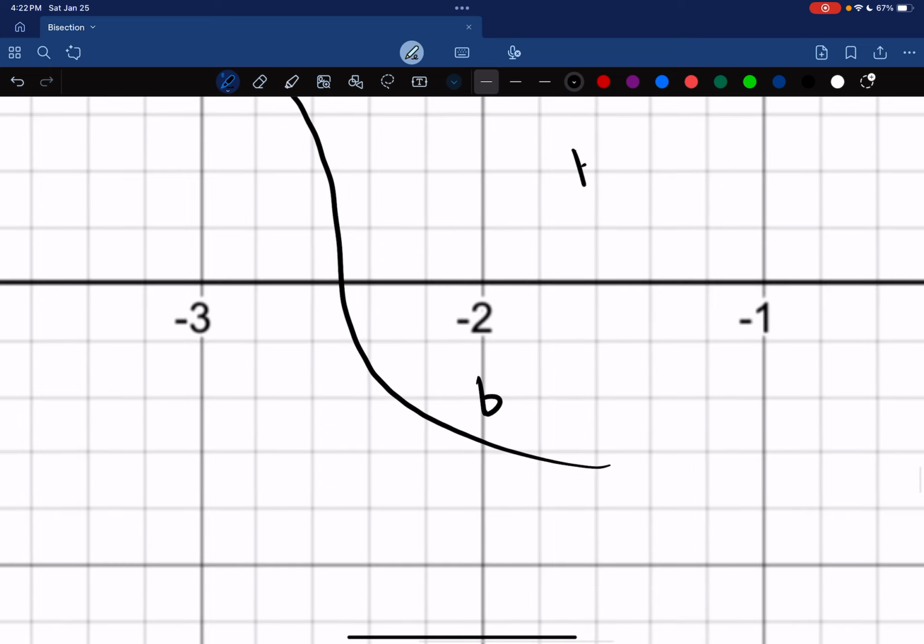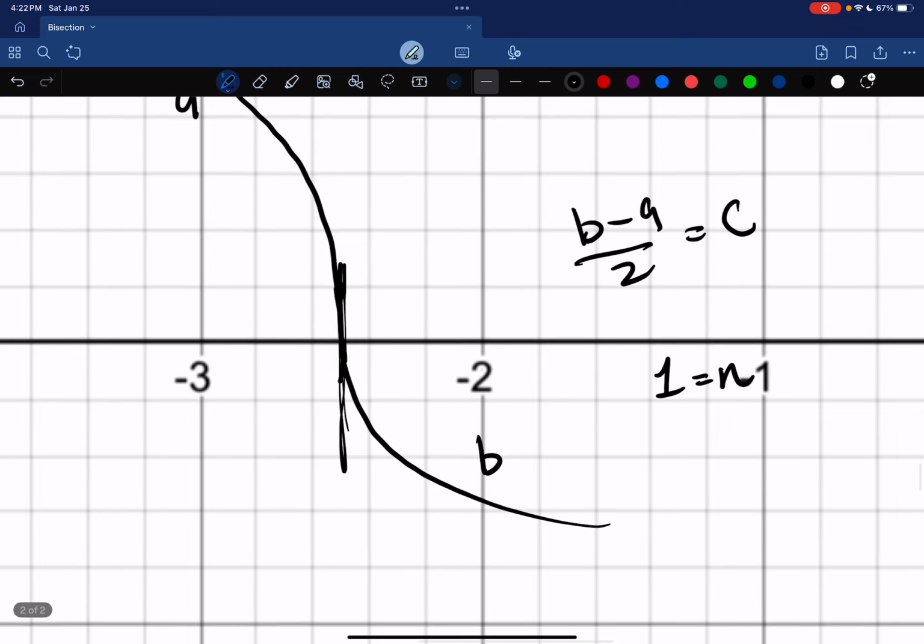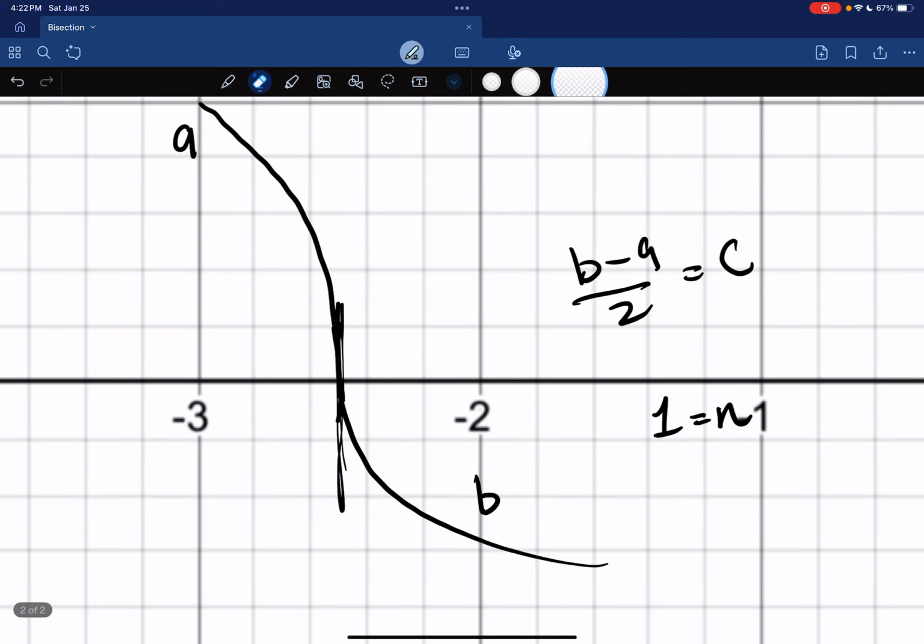If I calculate b minus a divided by 2, my c will be exactly at the root. So as you could see, it's just one iteration. n equals one iteration and I got my root. So the minimum number of iterations is when the root is exactly in the middle. But n gives you the maximum, which is when the root is exactly at one of the interval ends.